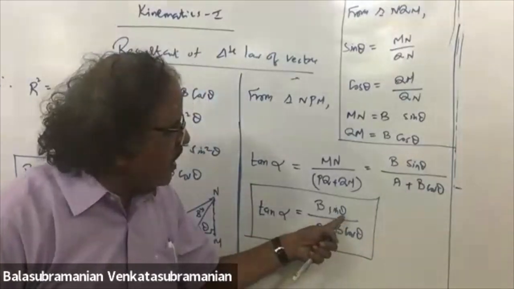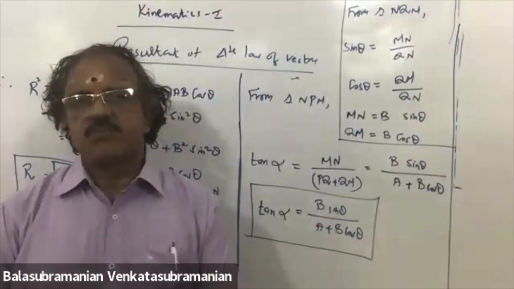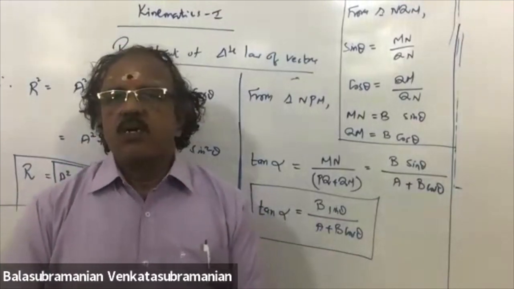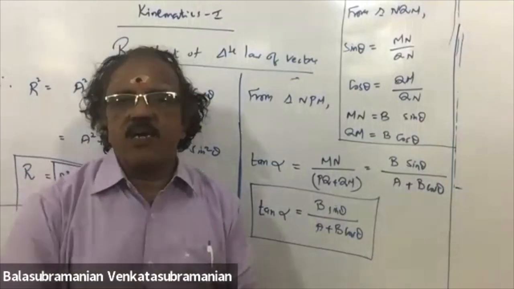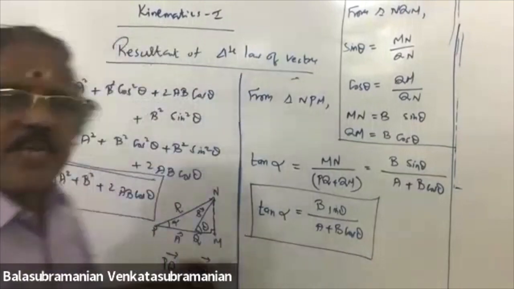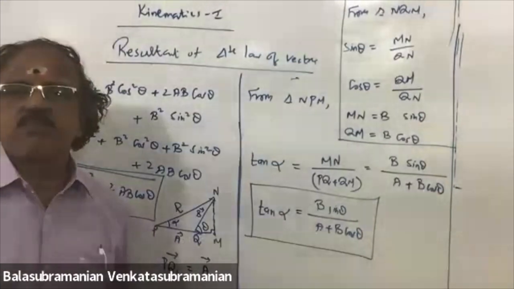Depending upon the value of theta, the alpha value changes. What is the meaning, sir? Theta is the angle between the two vectors A and B. Depending upon the value of theta, the resultant R and tan alpha change. How?